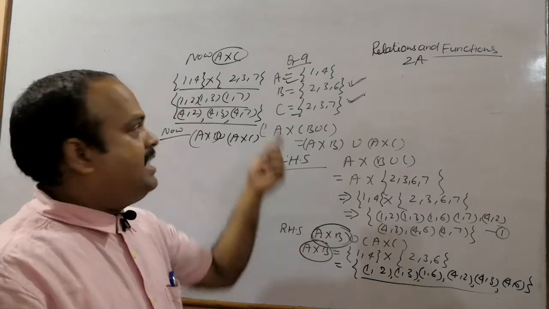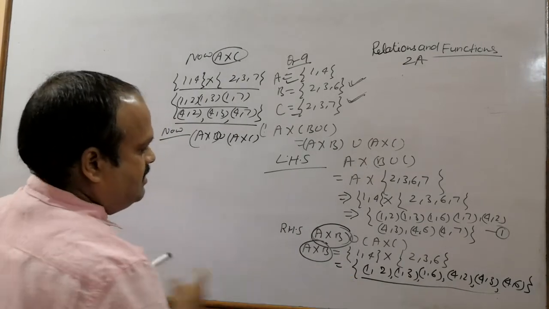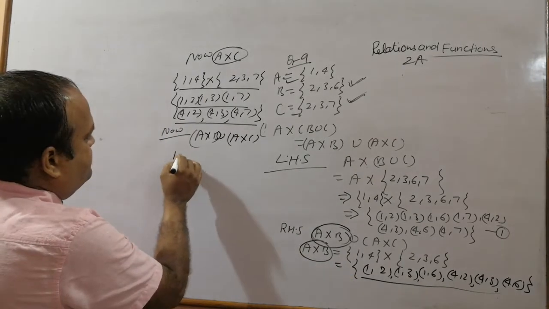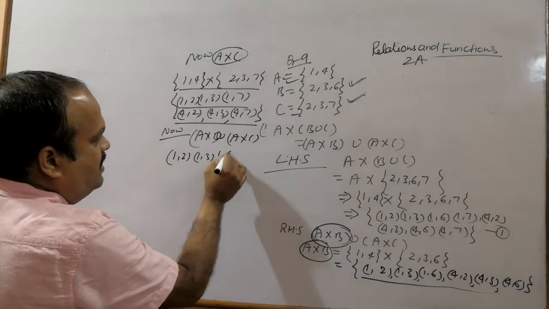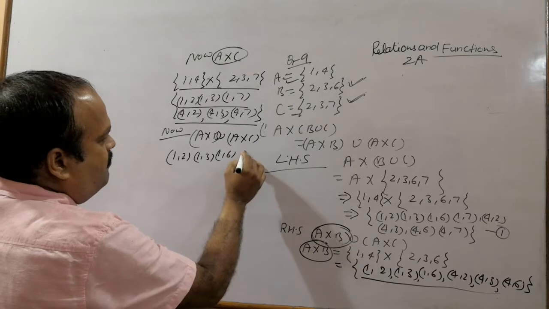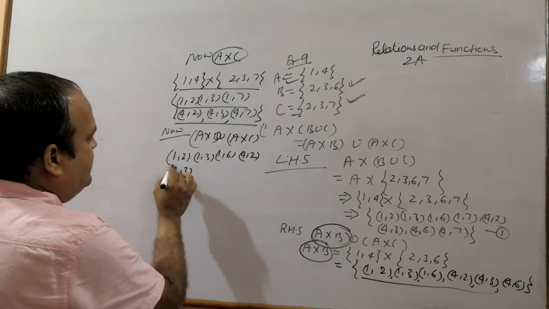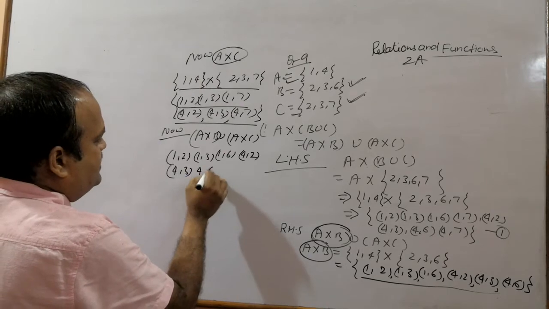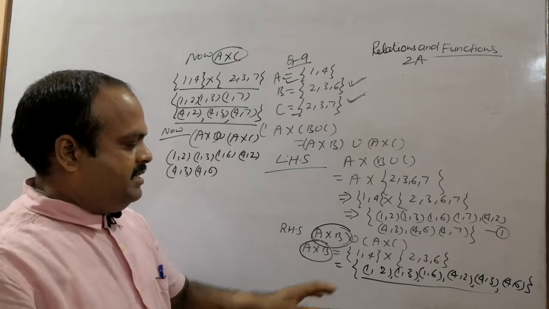Let's write. I start with (1, 2), (1, 3), (1, 6), (4, 2), (4, 3), (4, 6). I have written A cross B.